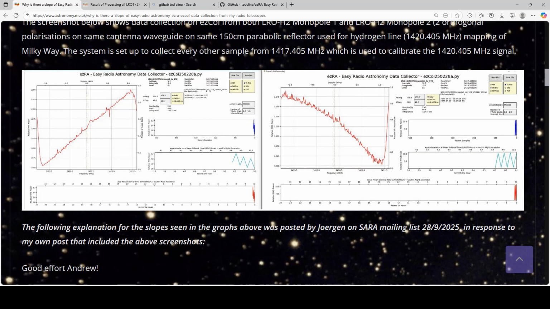So the idea here is that those monopoles are linearly polarized, and so what I've done is add a second monopole orthogonal, at 90 degrees to that, at the same length and the same distance from the base of the antenna.